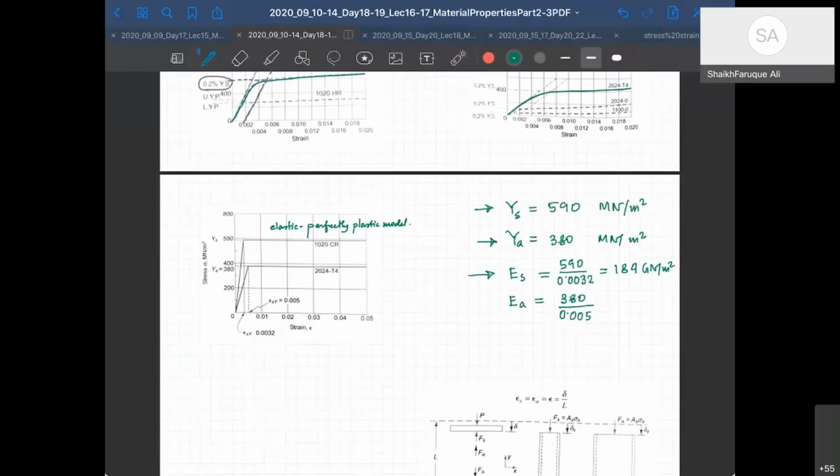This point is 0.005 and the other point is 0.0032, so that comes out to be 76.